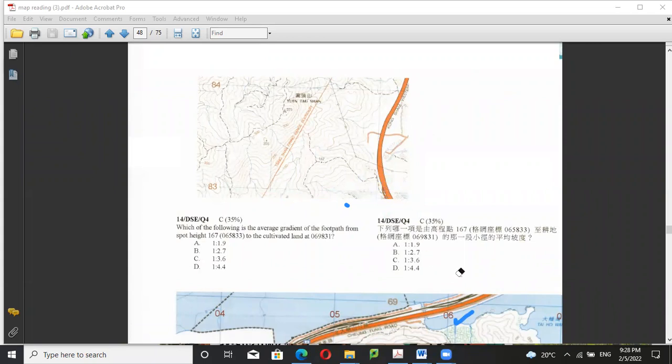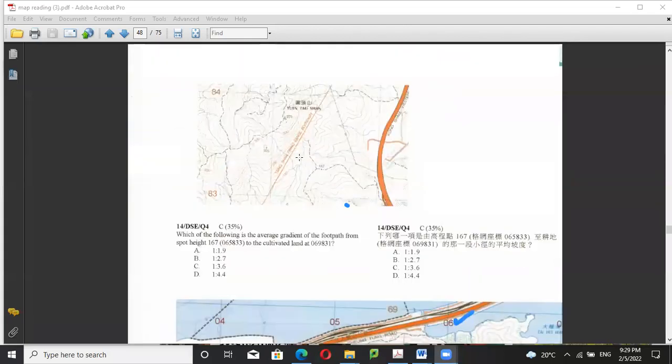And for this one, it is from the 167 to the farmland 069. 065, 069 right here, and then 831. It should be like this.